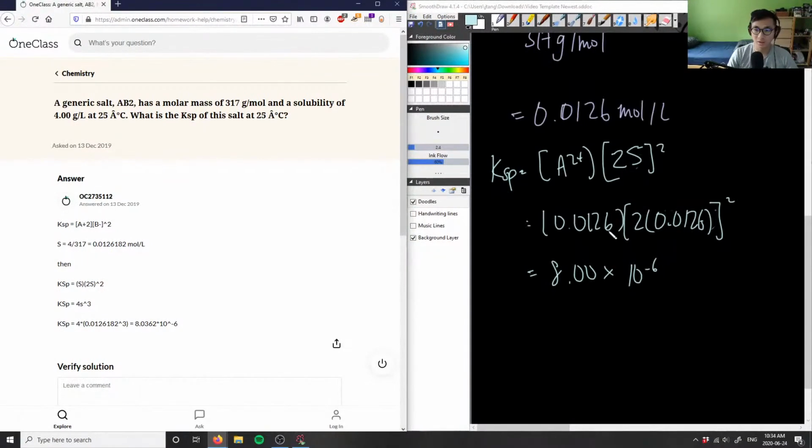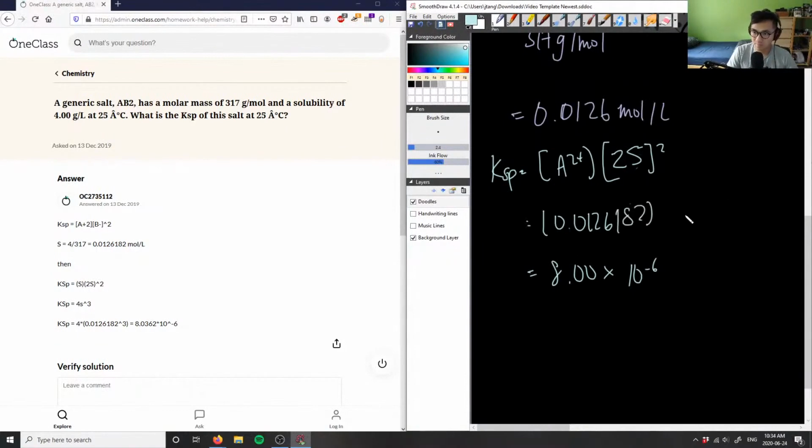They kept more decimal places here, so they actually got 8.4 times 10 to the negative 6. So let me change this to reflect those decimals. I thought taking 4 decimal places was enough, but I guess it was not.